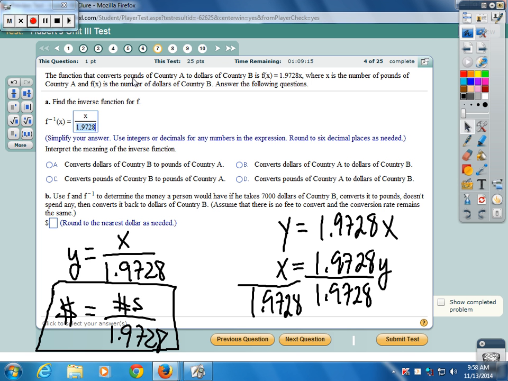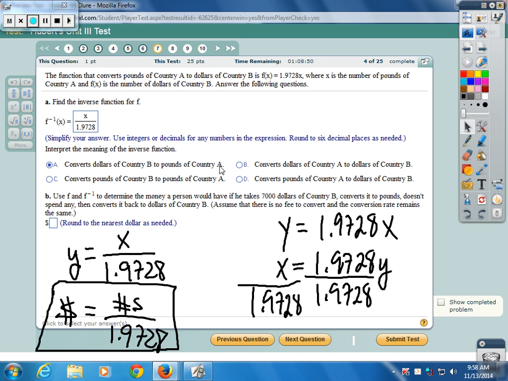This converts pounds to dollars. That's what this does. So what would this be? Dollars to what? Oh, that's not what it is. I'm sorry. I see what you mean now. Dollars to pounds, right? I see what you mean.